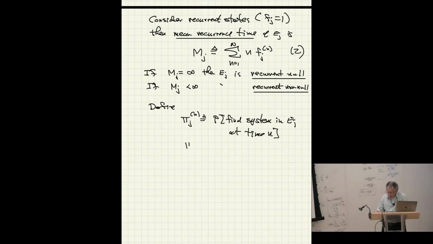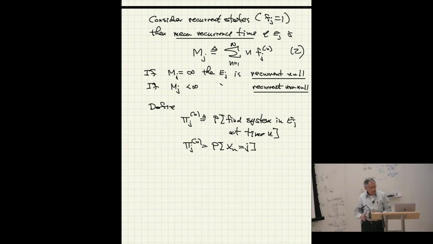In other words, pi sub j super n is the probability that X_n equals j. Now, given all these cumbersome definitions, there are two key theorems we're going to take up next time, which tell you all you need to know about Markov processes, the Markov chains. But it's in terms of some of these definitions. Okay, I know it's boring to get definitions thrown at you, and they'll get more familiar to you as you go along. But the theorems are all about this.